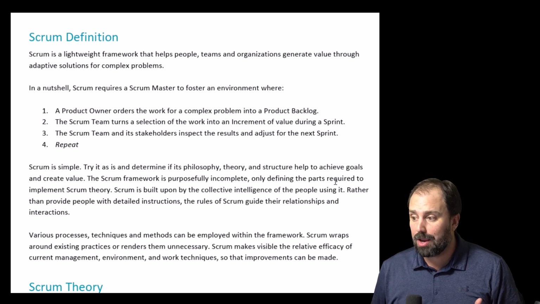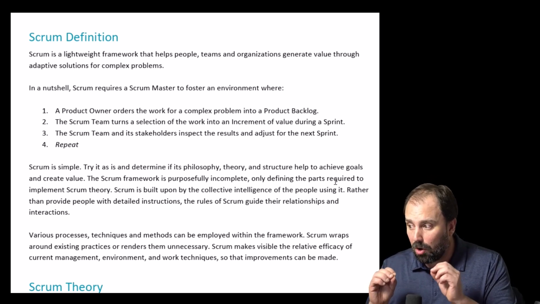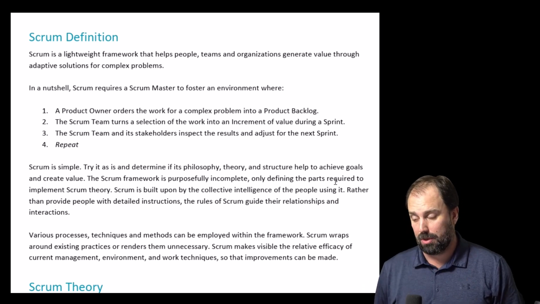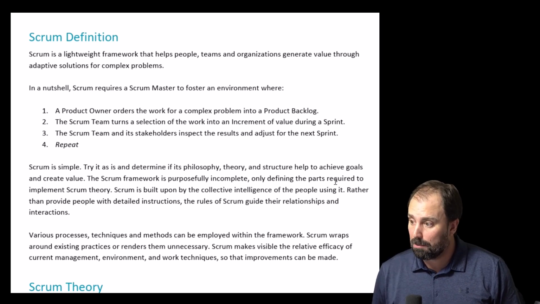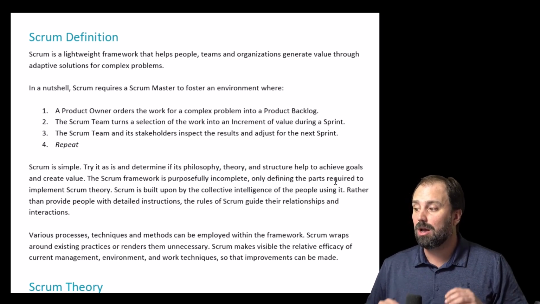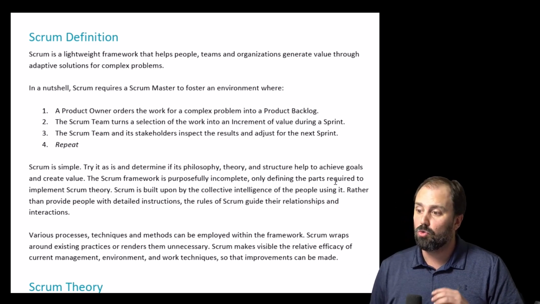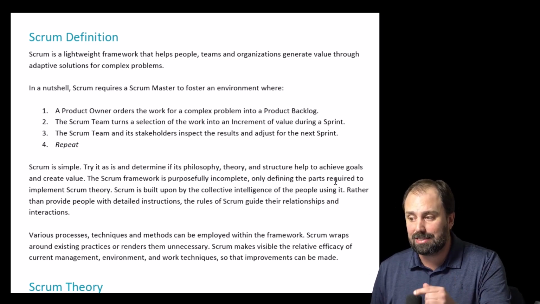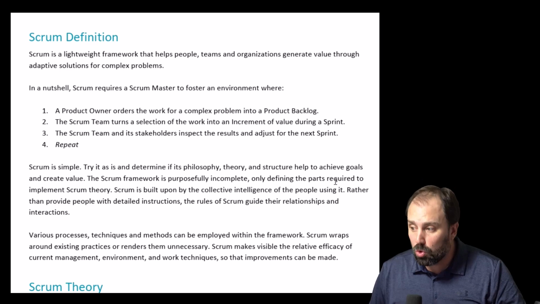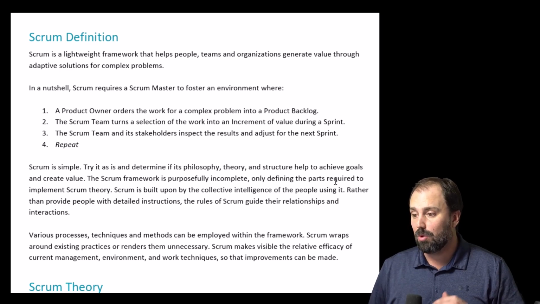The Scrum framework is purposely incomplete, only defining the parts required to implement Scrum theory. Scrum is built upon the collective intelligence of the people using it. Rather than provide people with detailed instructions, the rules of the Scrum Guide guide their relationships and interactions.